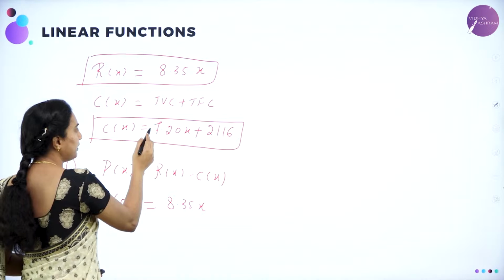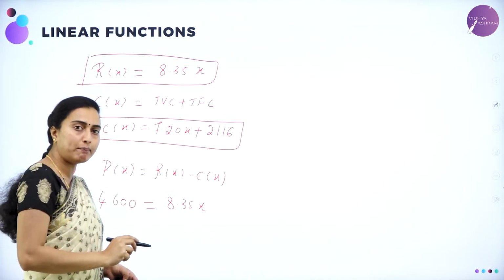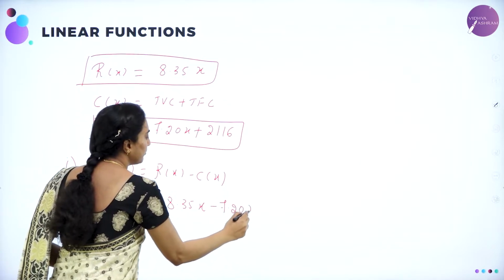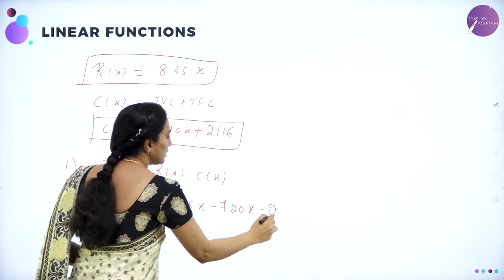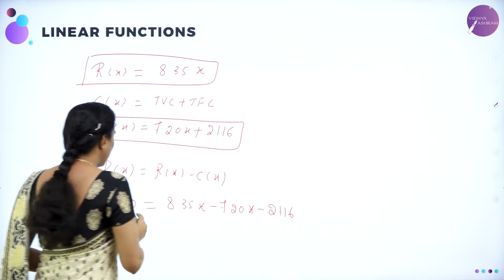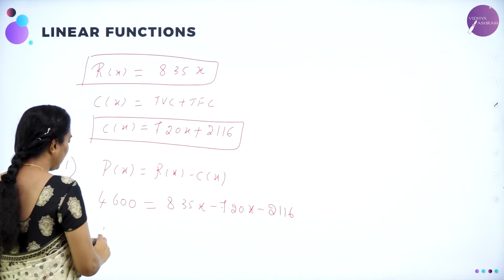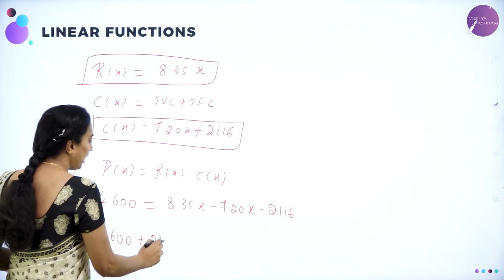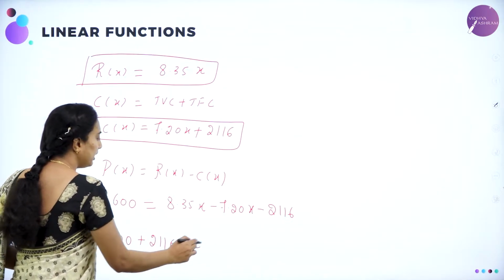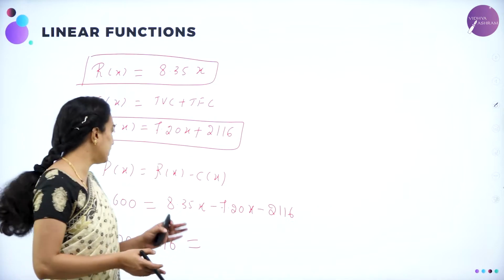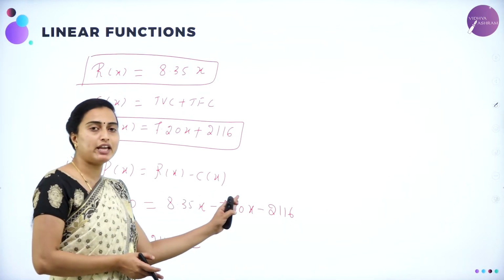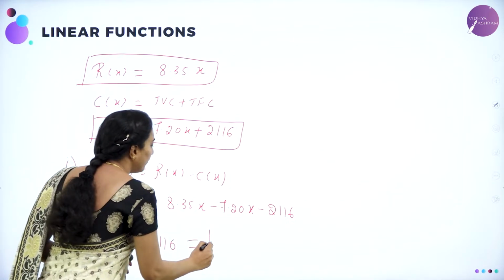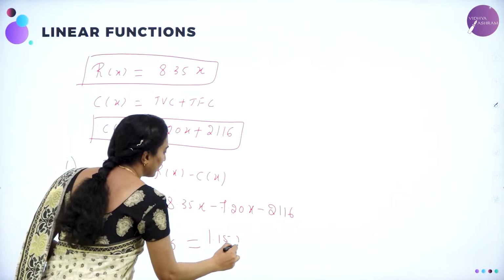Again, minus into plus is minus, so 7.20x minus 2,116. Now if you do it here, you can bring 4,600 plus 2,116 is equal to, if you subtract 8.35x minus 7.20x, it will remain as 1.15x.